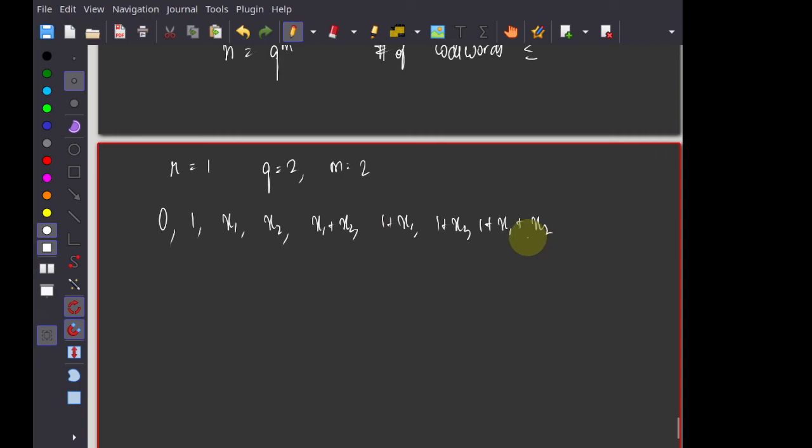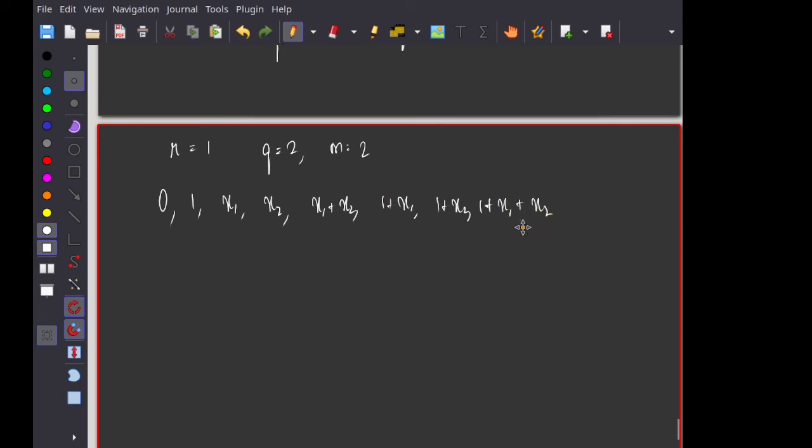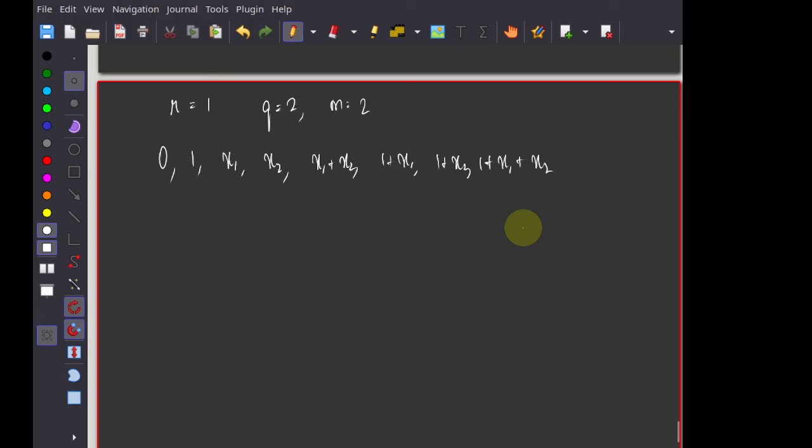8 possible polynomials. Right? And now I want to evaluate this for all possible pairs. How many points am I evaluating it at? So I'm evaluating it at (0,0), (0,1), (1,0), and (1,1): x1 equal to 0, x2 equal to 0, x1 equal to 0, x2 equal to 1. So let's assume that I'm going to evaluate it exactly in this particular order.